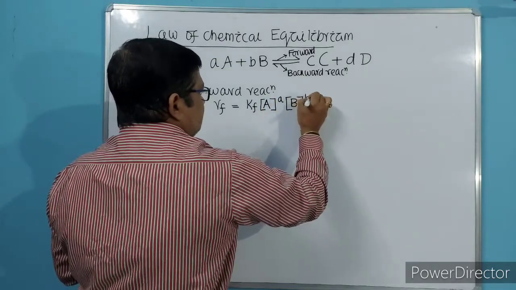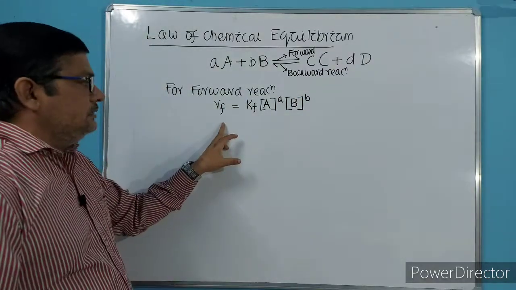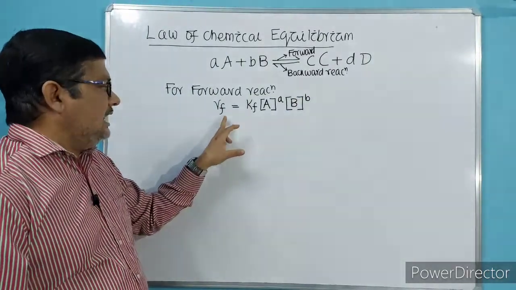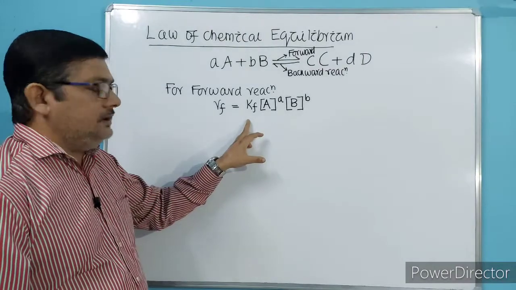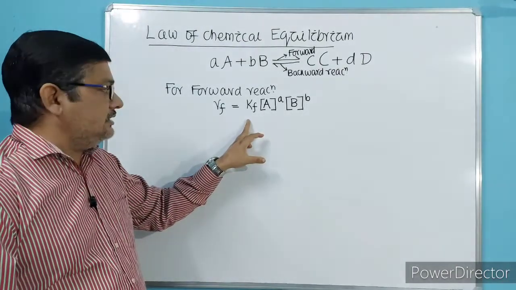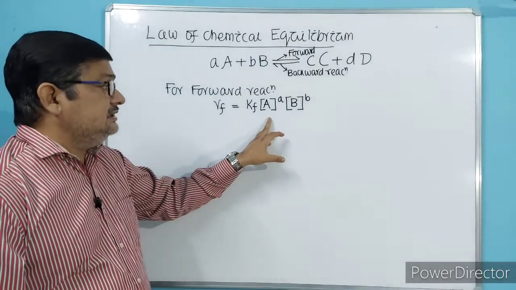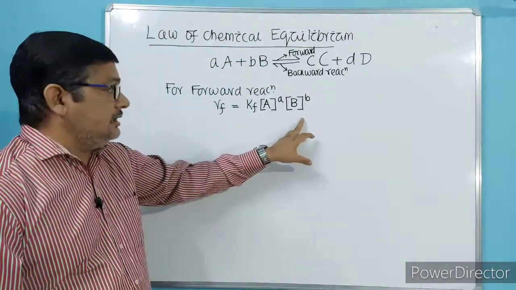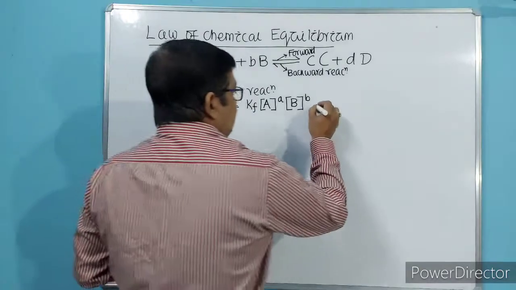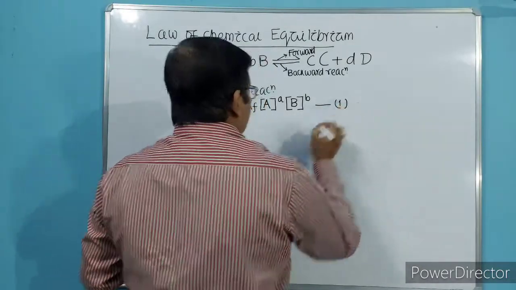We have already discussed this. So as per law of mass action, this will be the rate of the forward reaction. Rf, rate of forward reaction, will be equal to kf, that is velocity constant or rate constant for the forward reaction, and these are the molar concentrations of reactant A and reactant B. Let it be equation 1.